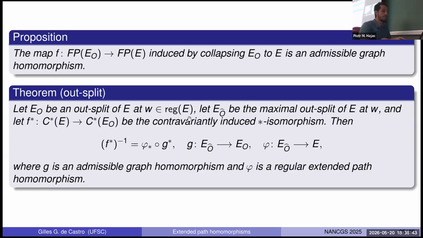So the idea is we are looking at the inverses of homomorphisms coming from moves, and we want to describe them using this extended path homomorphism. I only put this for the outsplit, but we have other moves, like the shift move, and the example that I gave about matrices can again be seen as this kind of decomposition.